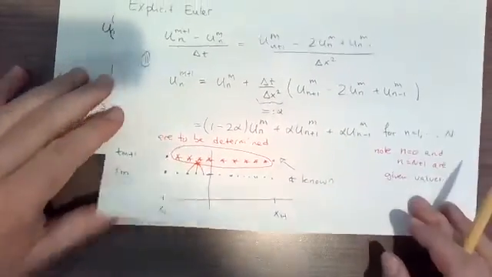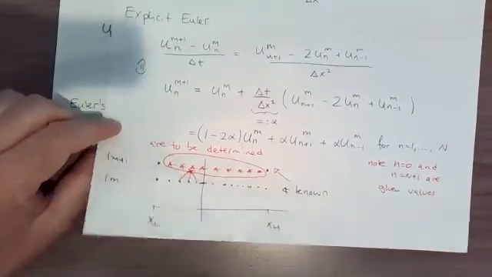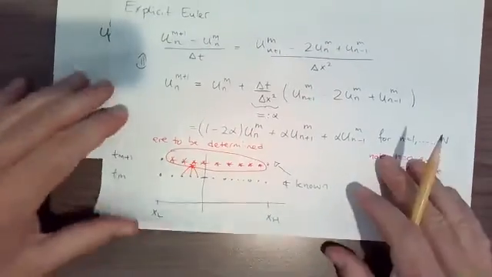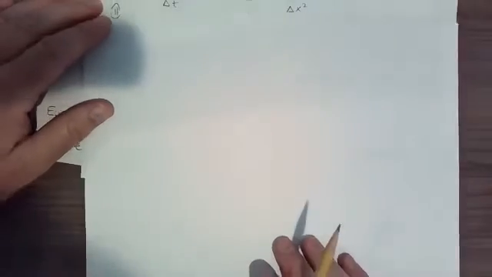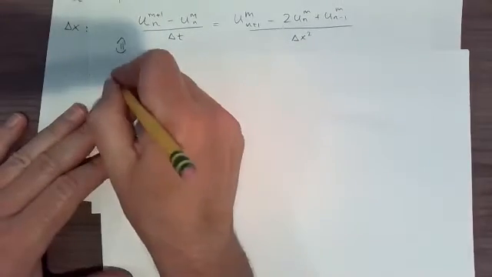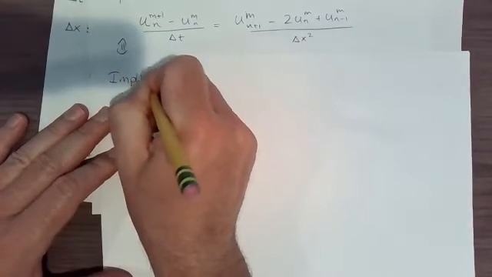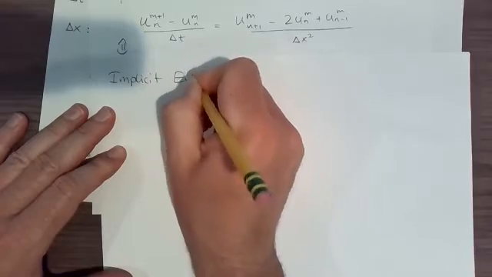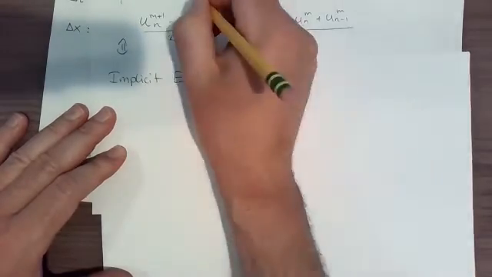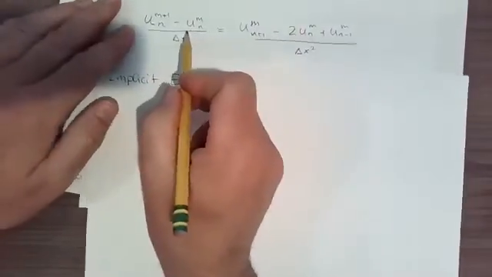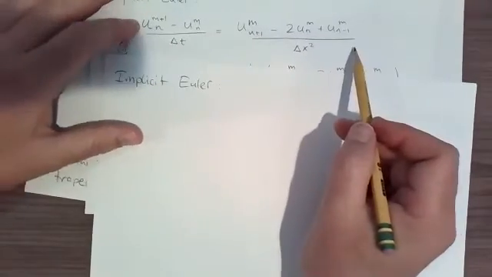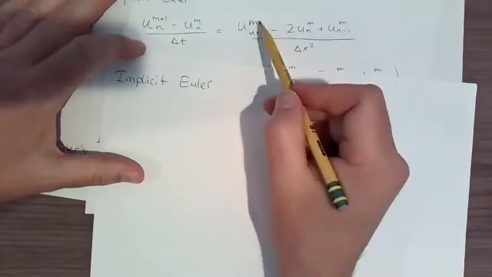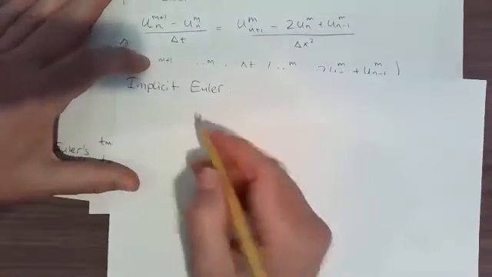If you look at the implicit one, the picture becomes more complicated and the formula changes. We're still going to have that derivative, but now on the right-hand side where we evaluate, it's going to be different. I'll have to put m plus 1 everywhere. So let me try to do that.